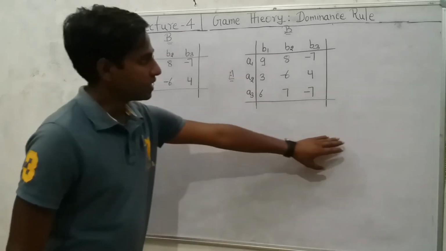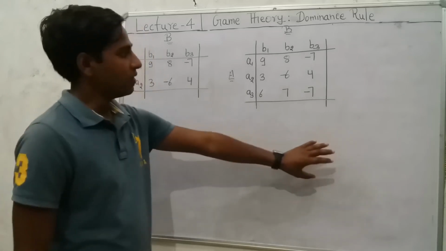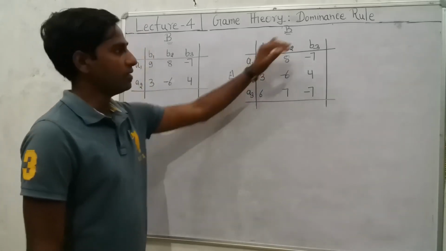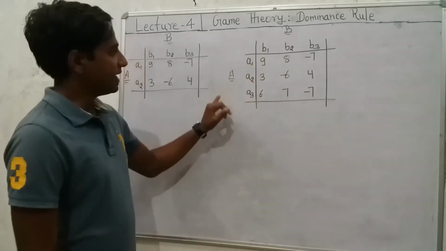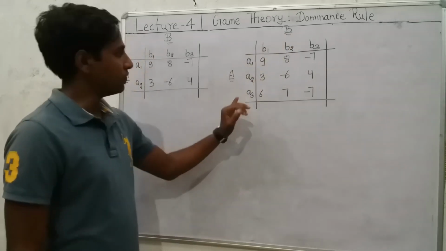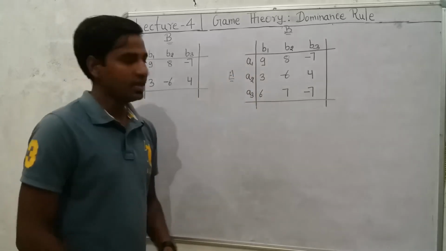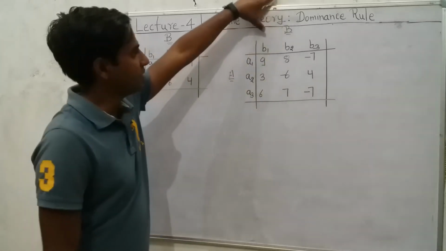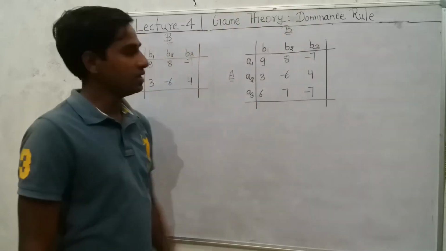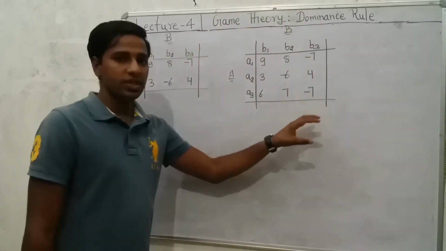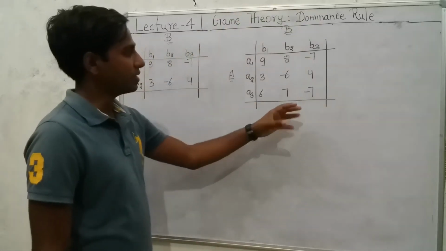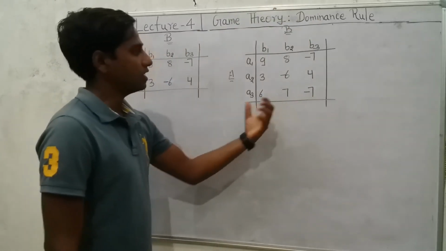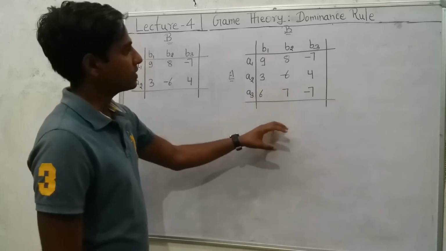To study this aspect, we have an illustration in which there are two players, player A and player B. Player A has three strategies, A1, A2, A3, and similarly player B also has three strategies, B1, B2, B3, and in this matrix the respective payoffs or outcomes are given.